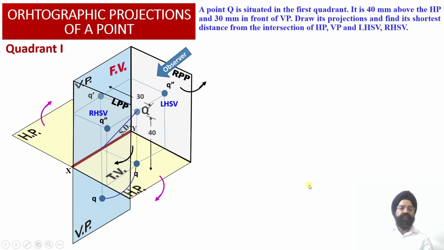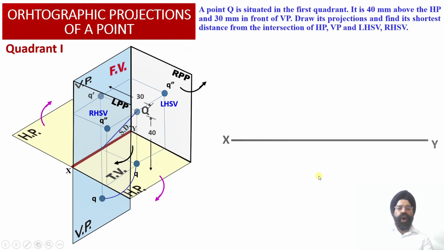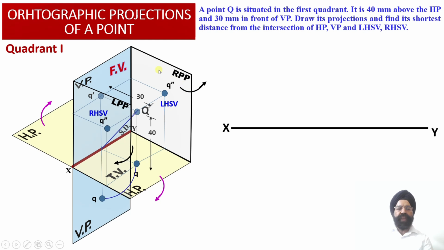So this way we have been able to obtain the orthographic projections of this point in the 3D spatial arrangement comprising the horizontal plane, vertical plane, left profile plane and the right profile plane. Now let us obtain the orthographic projections of this point Q in the 2D orthographic system over here. So here we have drawn the XY reference line.